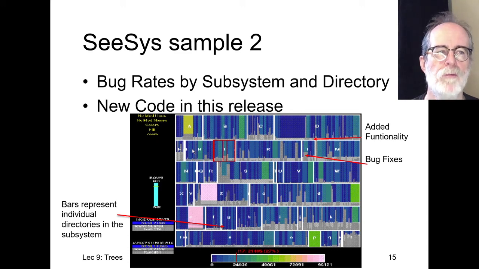The gray stuff indicates added functionality, and the tall gray bars indicate bug fixes. There are some areas where there are bug fixes upon bug fixes, like over here in module K. The individual bars here also represent individual directories in the subsystem. So this is a really big software repository.